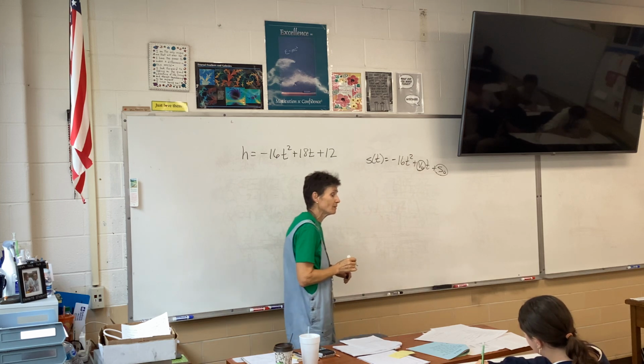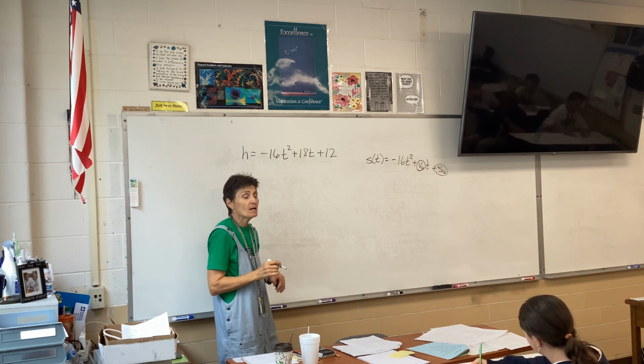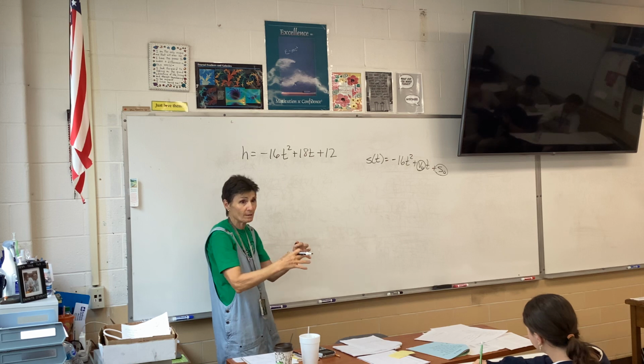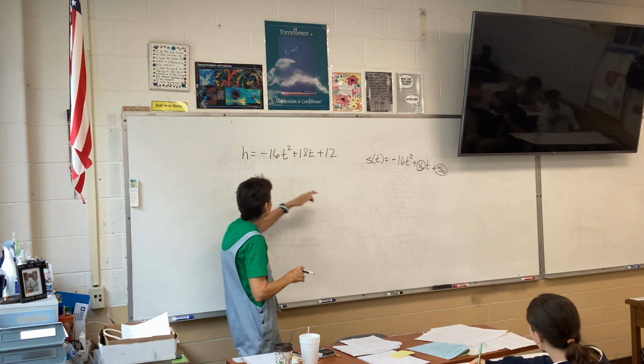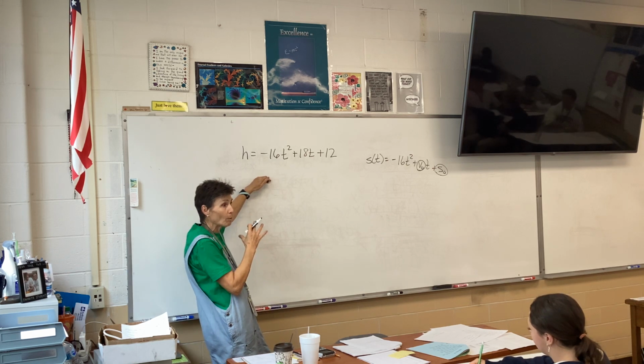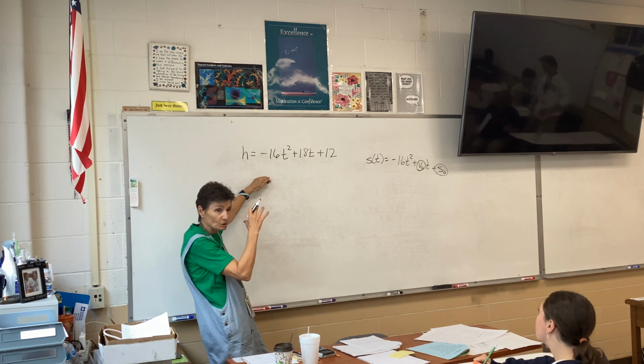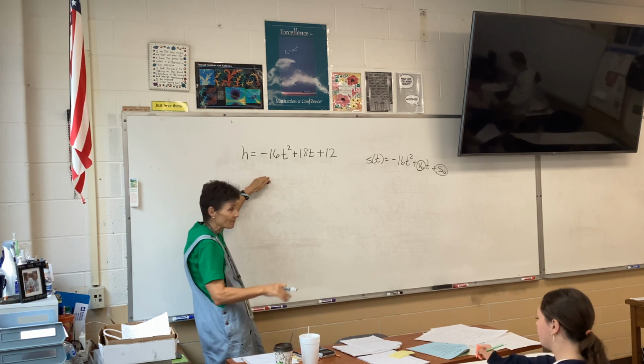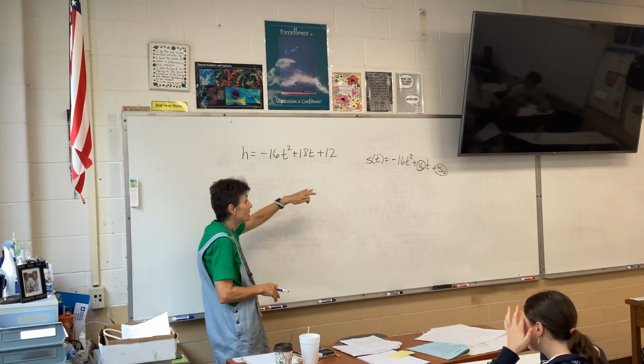Those are the initial velocity and the initial height. Those will be in the question, and you plug those in, and then that makes your problem unique to this situation. That's the general formula.